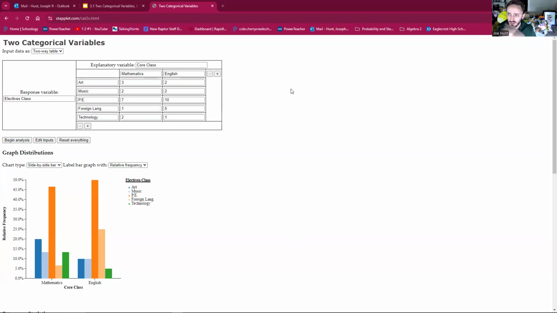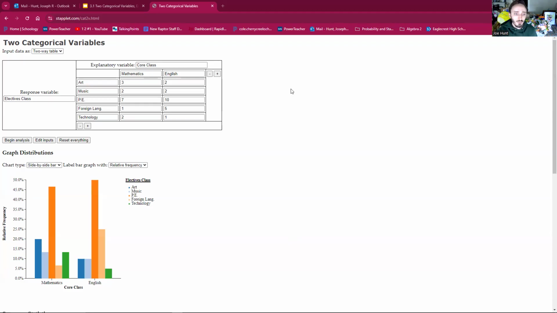You're going to notice there are two new things, explanatory versus response variable. Explanatory is essentially the variable that we suspect is going to impact some kind of response variable. And the response variable is going to change depending on what the value of the explanatory variable is.